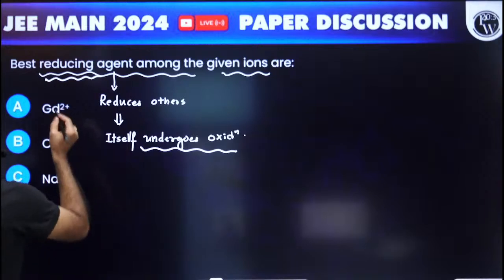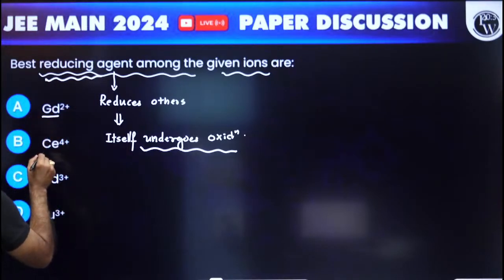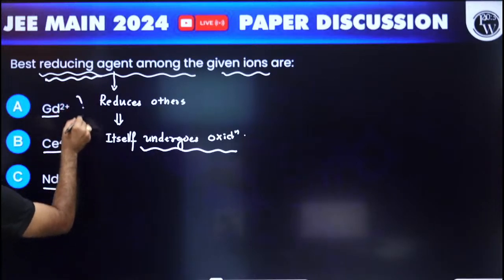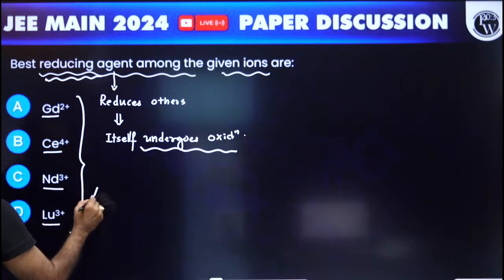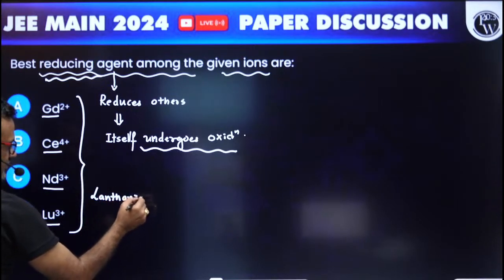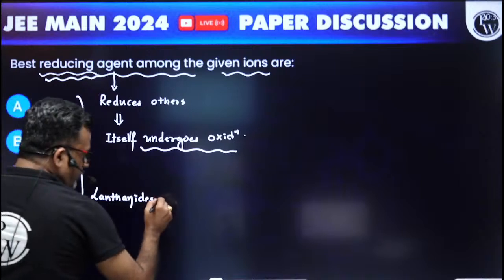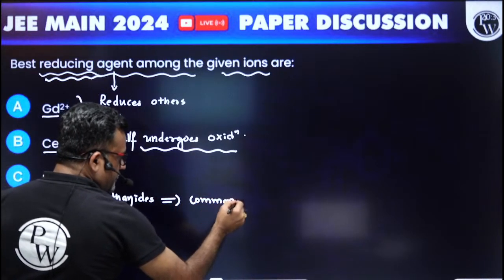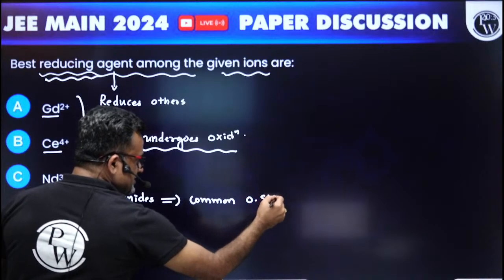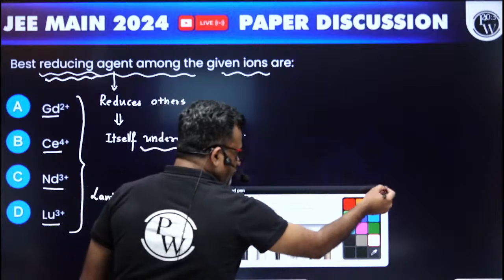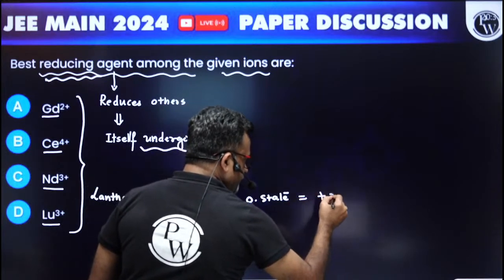Okay, so see here, gadolinium, cerium, neodymium, lutetium, all these are lanthanoids. And the common oxidation state of lanthanoids is +3.